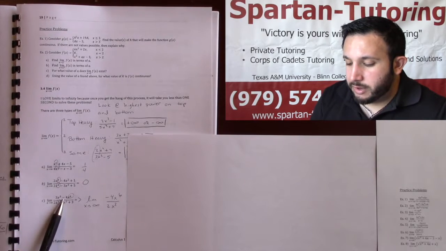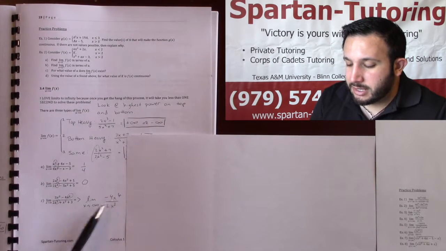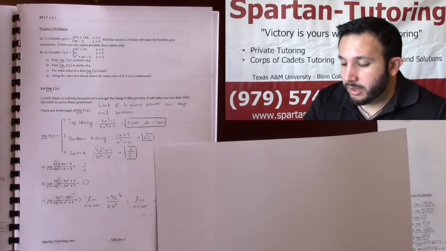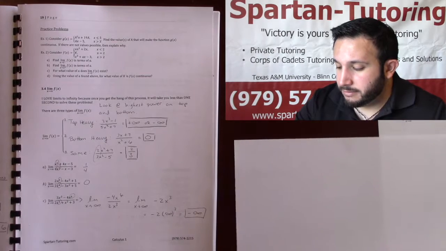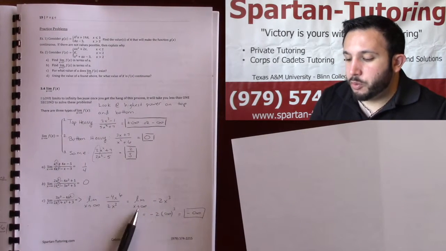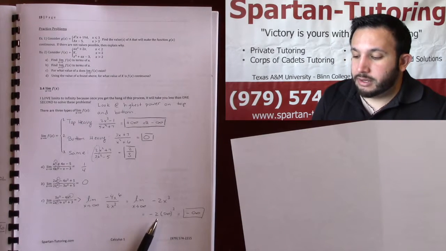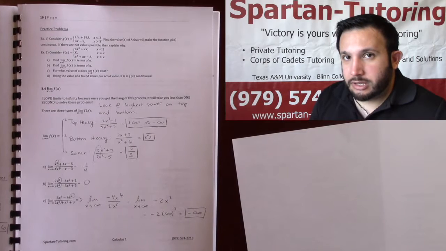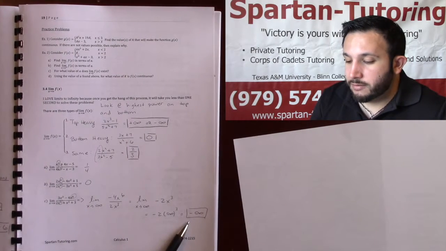Leading term on top is a negative 4x to the 6th. Leading term on bottom is a 2x cubed, and I simplify it to get negative 2x cubed, and at this point, that's when you plug in your infinity. When I plug infinity in here, this is negative 2 times infinity cubed, which is just negative infinity.